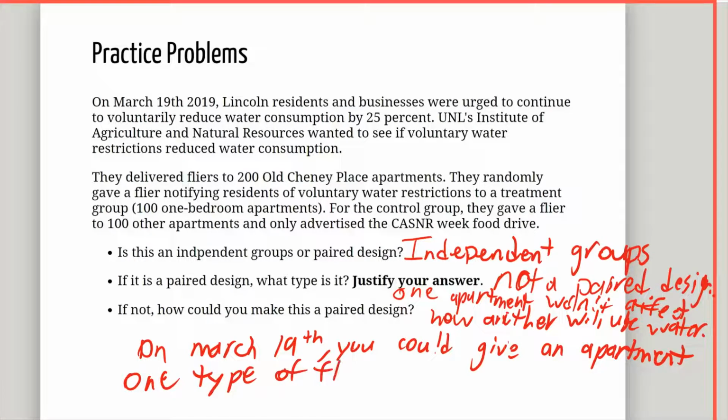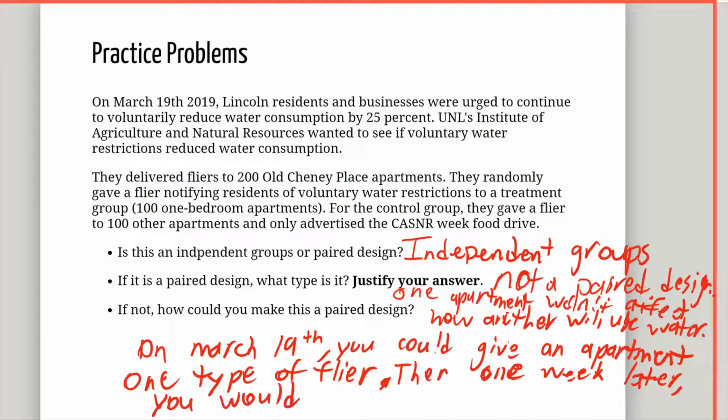That could be either the food drive or water restrictions. Then 1 week later, you would give them the flyer that's left over.